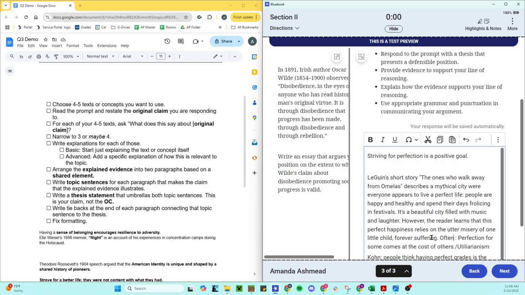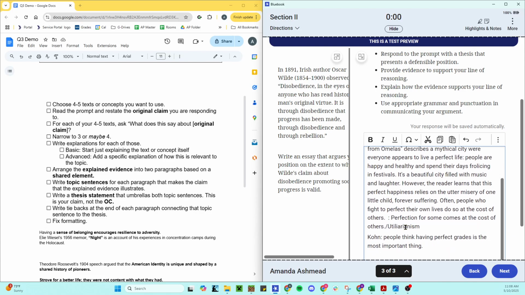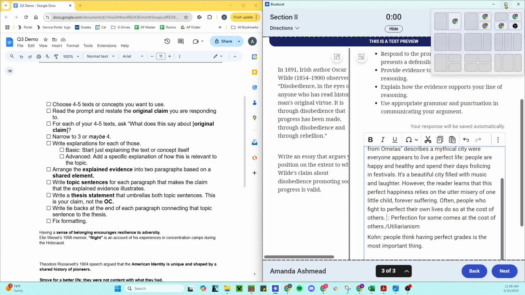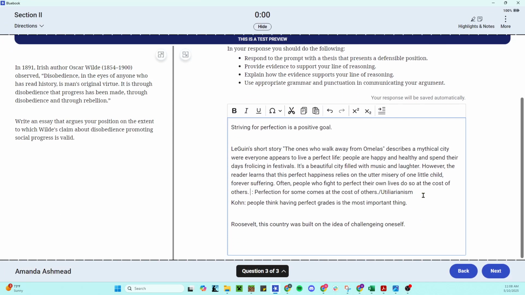I would say something like, often people who fight to perfect their own lives do so at the cost of others. And I really could just stop there, because I've connected it, I've bridged it.